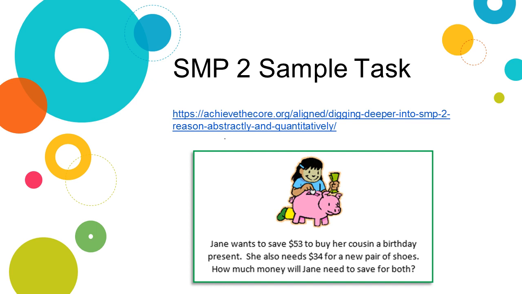Contextualize means taking the abstract mathematical representation and putting it into a context, and decontextualize means taking the context and representing it abstractly. Students need to move between these representations fluidly and use them to manipulate and understand the relationships between quantities. This idea relates primarily to abstract reasoning, but don't forget quantitative reasoning.